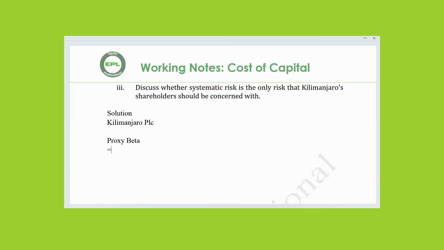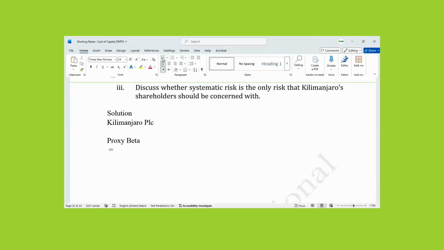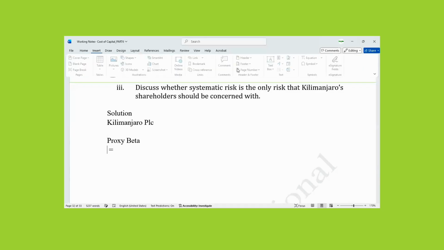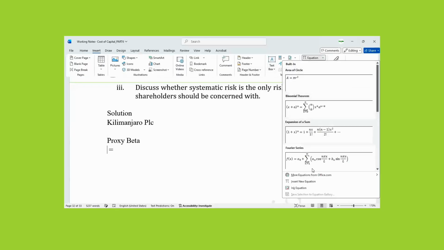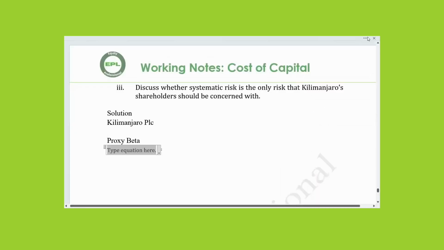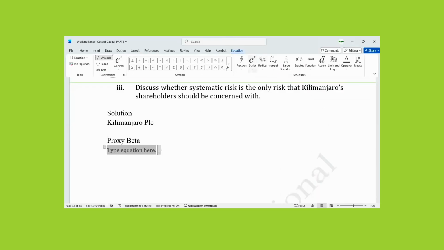This will be equal to, let me bring it out. I need the symbol for beta. Yes, here you are.